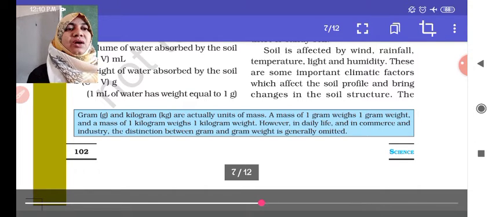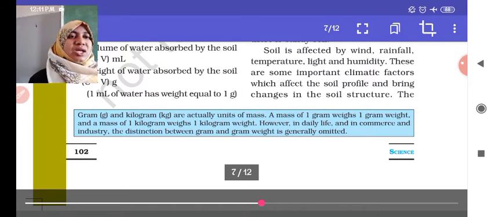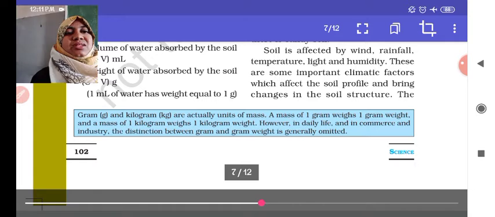Wind: if the soil is very smooth and has no heavy particles, then because of wind it will fly away. Temperature, light and humidity also make a difference. All these climatic factors affect the soil profile and bring changes in the soil structure.